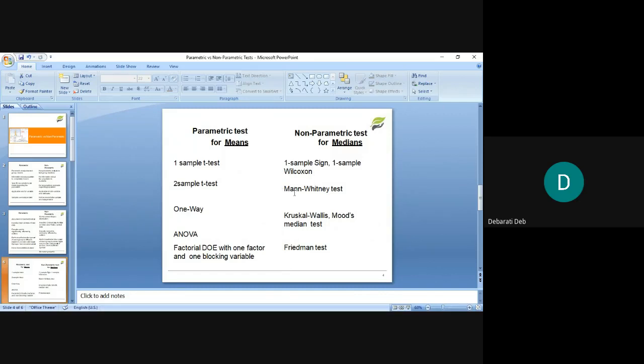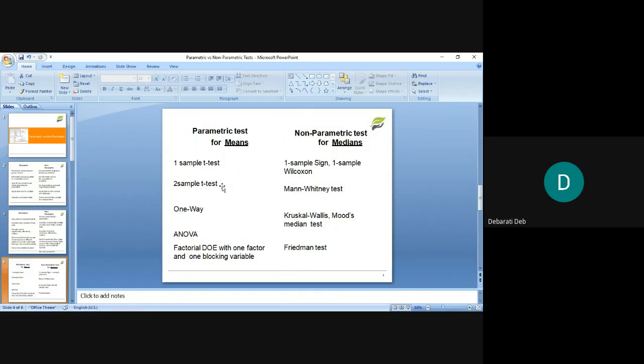If any one of you are collecting data for which non-parametric tests are applicable, then you can contact me. I will teach you how to apply this non-parametric test also. These are easy tests. Okay, whereas parametric tests are quite difficult, and you can also use Excel or SPSS software.